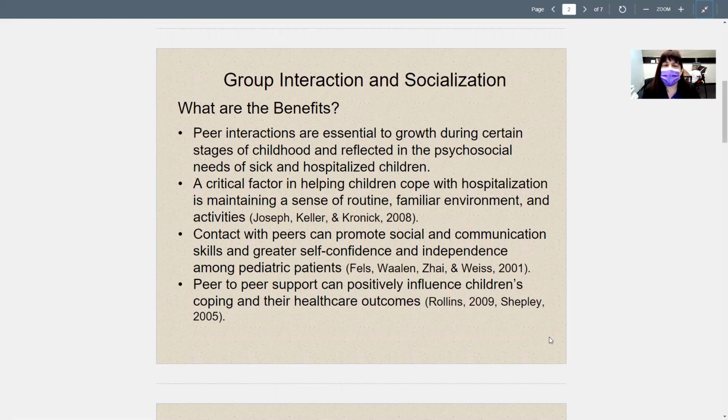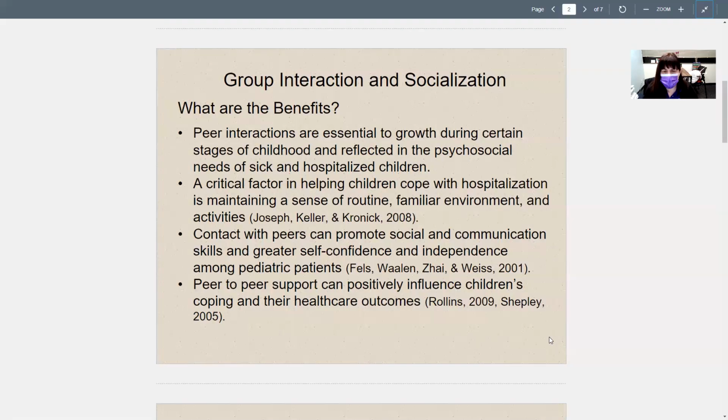So what are the benefits of group interaction and socialization? Peer interactions are essential to growth and development during certain stages of childhood and reflected in the psychosocial needs of sick and hospitalized children. A critical factor in helping children cope with hospitalization is maintaining a sense of routine, a familiar environment, and activities.